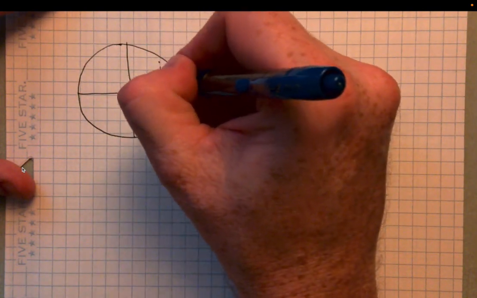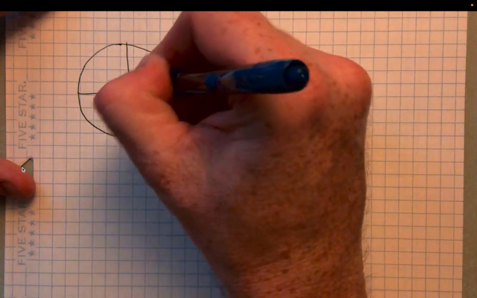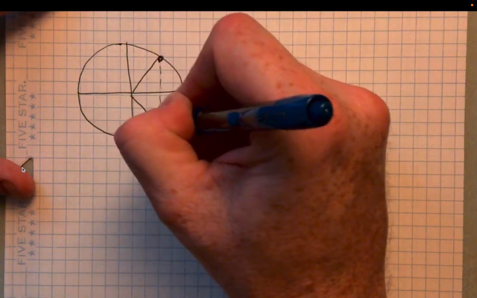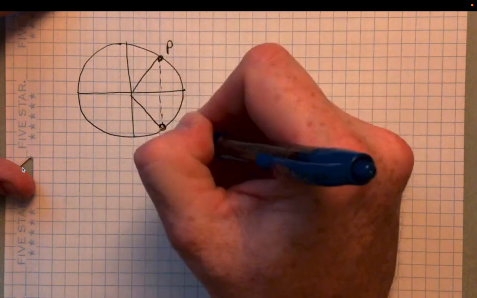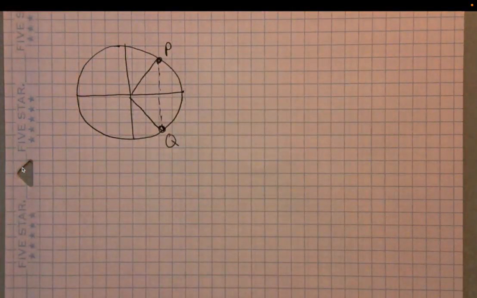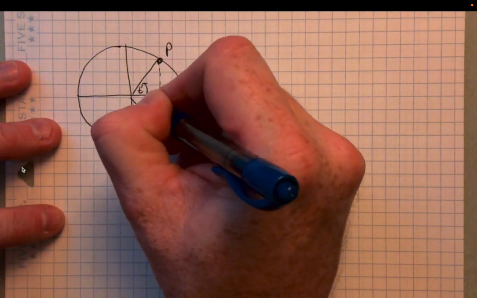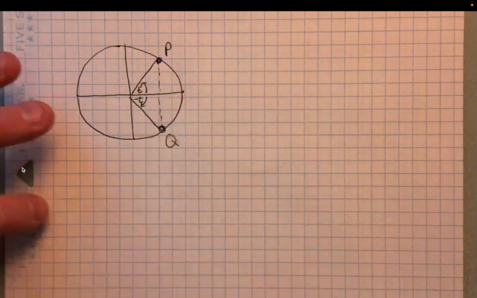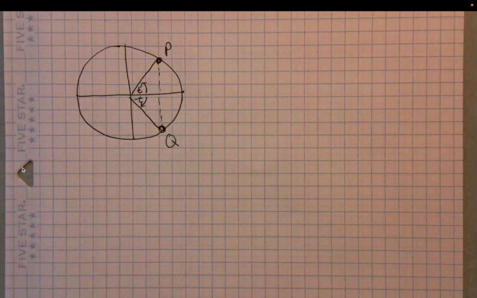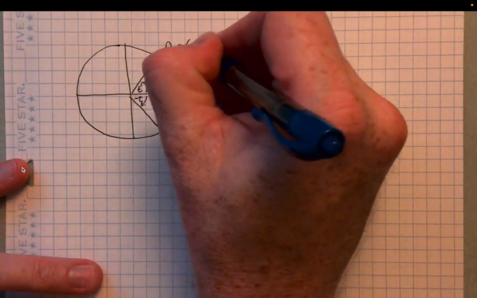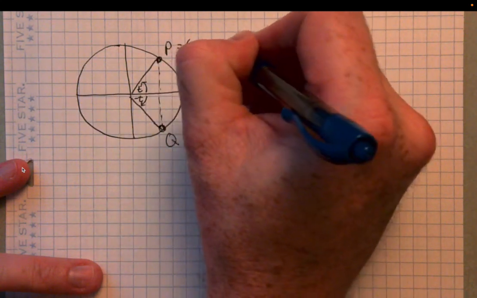Okay, and so I've got some line here. So let's say I've got P here, and I've got Q here. And they're right on top of each other, aren't they? Let's say that this angle is t, then that would make this angle negative t. Now P, we'll say, is cos of t, sine of t.